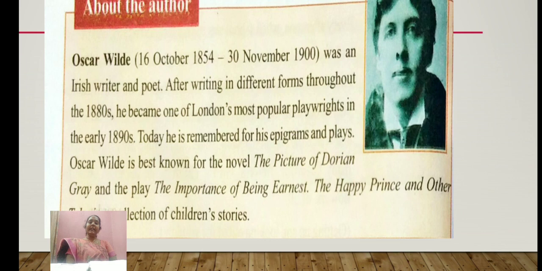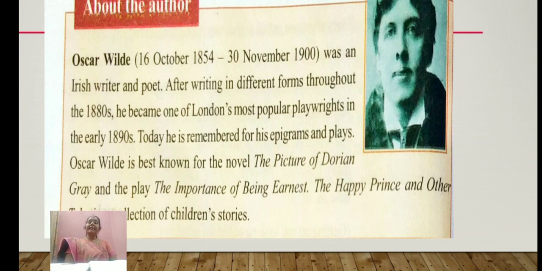He was born in 1854 and died in the year 1900. He was an Irish writer and poet. In his life he wrote many plays and dramas, as well as poetry. That's why he was a writer as well as a poet.